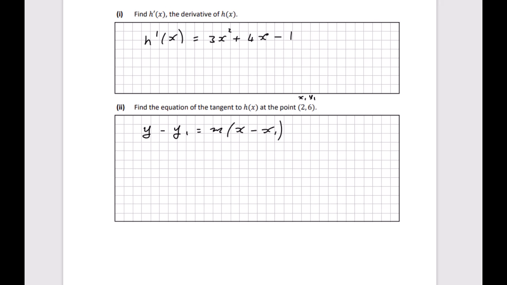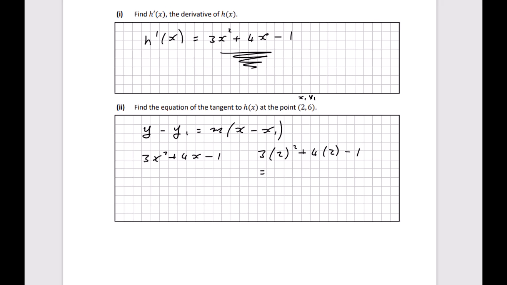Now to work out the slope, what you would do is look at what we got in the previous answer. We got 3x squared plus 4x minus 1. This gives us the slope of any tangent to the curve at any point x. But we know what the x is. We know that the x is 2. So we can just put 2 into this. So we get 3 times 2 squared plus 4 times 2 minus 1.